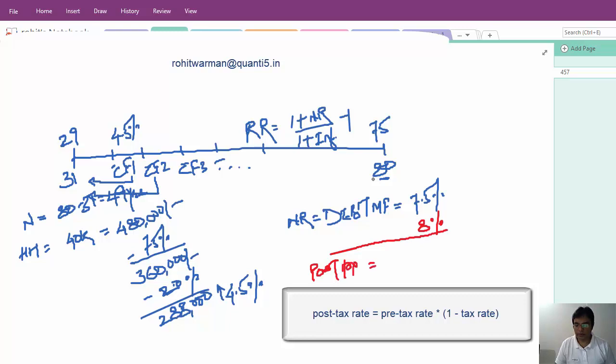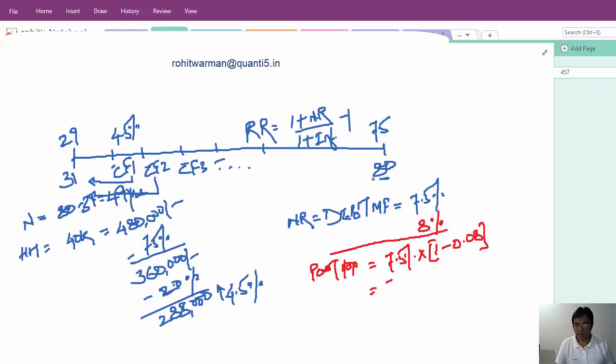The post-tax return will be 7.5% multiplied by 1 minus the tax rate, which is 0.08. So 7.5% multiplied by 0.92 gives you 6.9%. This is the post-tax rate, which will be our nominal rate.